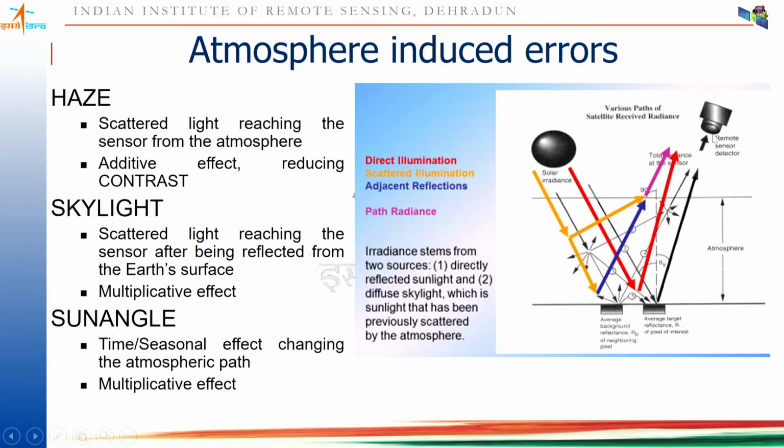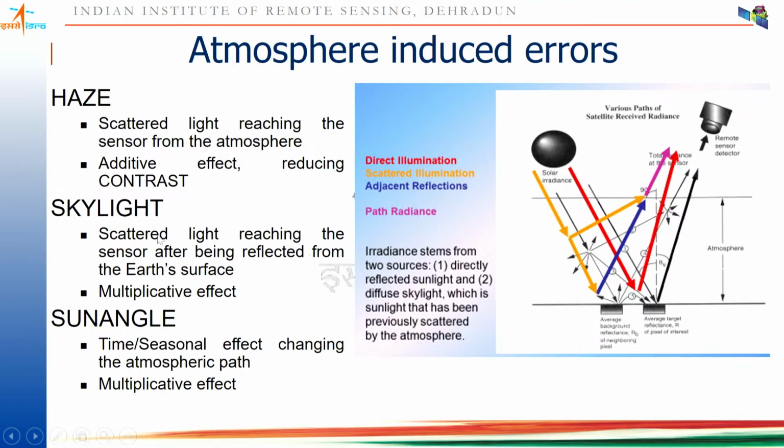What is expected is that the sun illuminates the pixel with irradiance and the reflected radiance is recorded by the sensor. But in addition, some scattered light also reaches the field of view of the sensor, right? This is called haze, and it reduces the contrast of the image. So this is one atmospheric error introduced in the imagery.